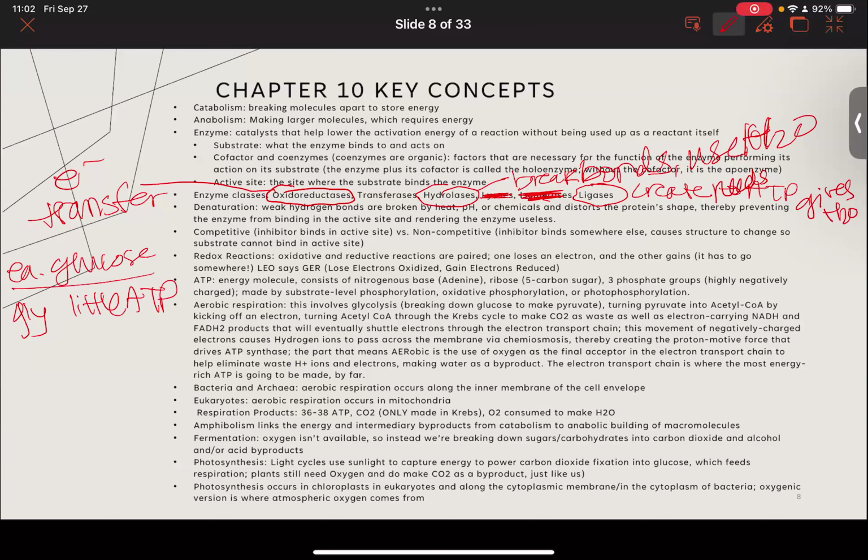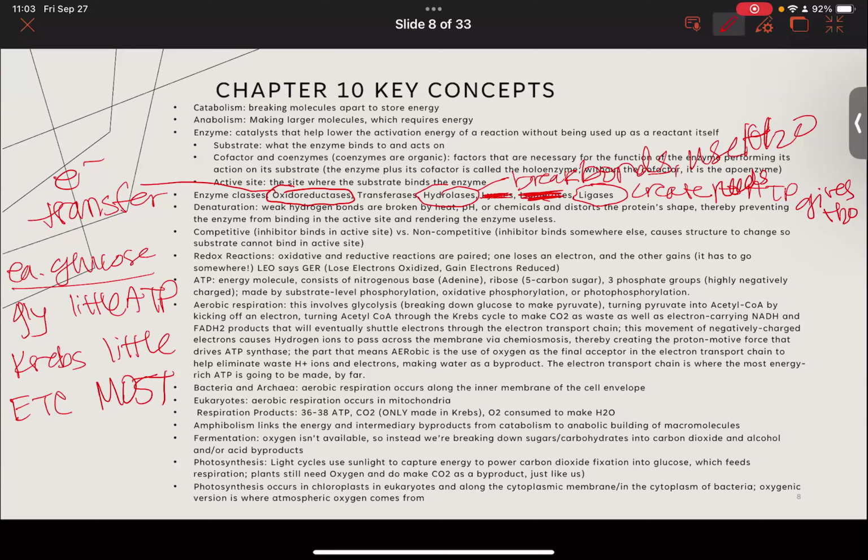So per each glucose, glycolysis, very little, Krebs, very little. And then the electron transport chain, most by far. Here we're talking about a difference of 2 ATP and 2 ATP and 36 ATP or 34 ATP.